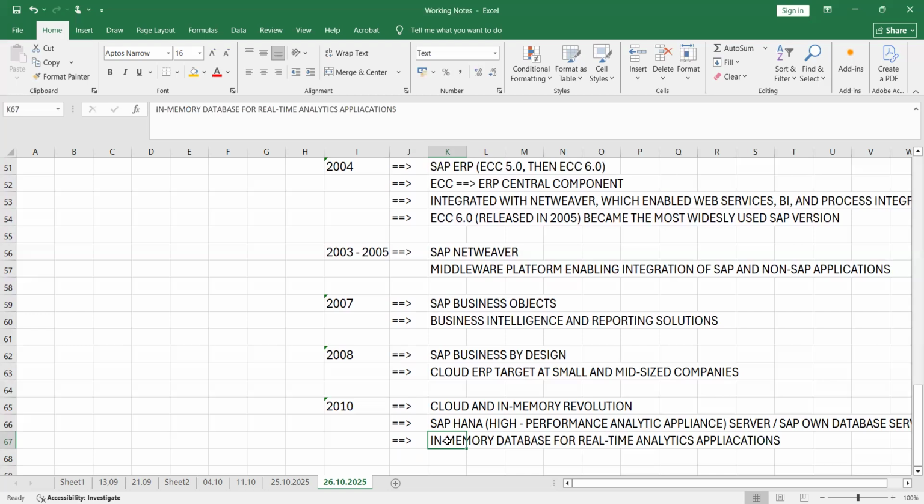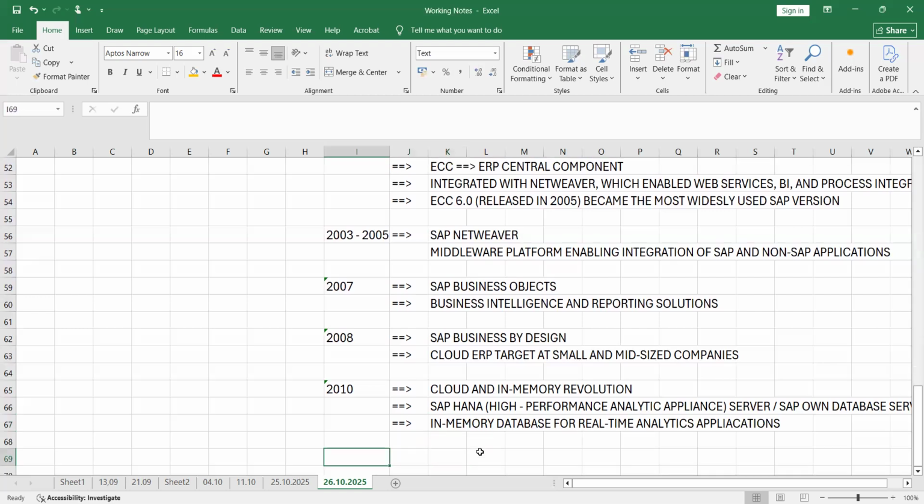And here, they started development and completed it in the years 2013 and 2015. Okay. In 2013 and 2015, SAP came up with a concept called SAP S4 HANA.